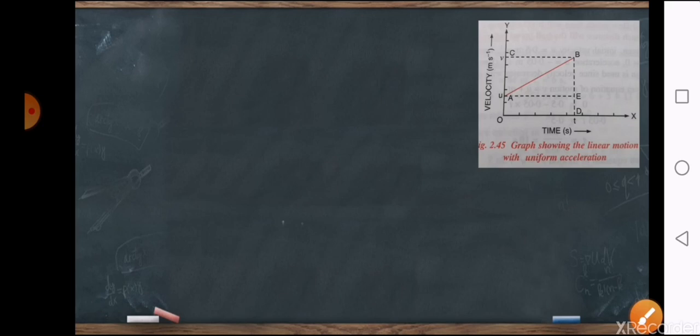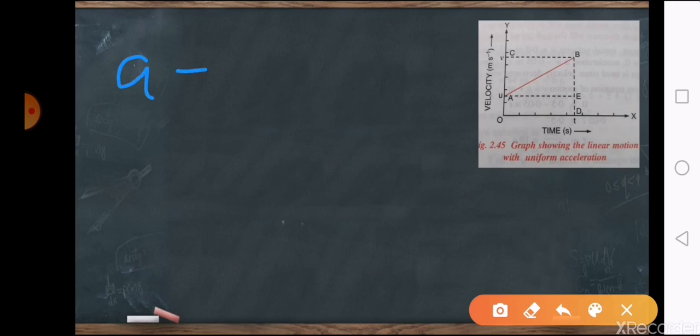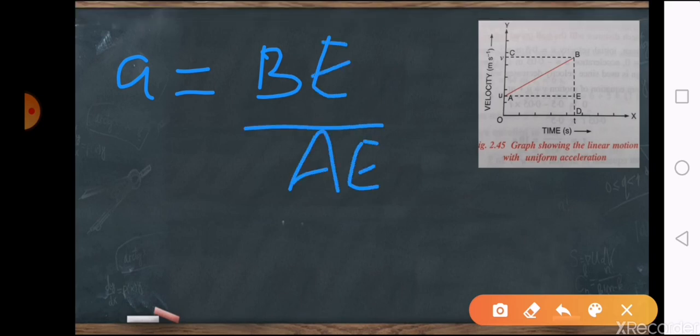So according to the graph, slope gives you acceleration. Acceleration will be equal to what you will get from the graph, BE upon AE, right? Got it?